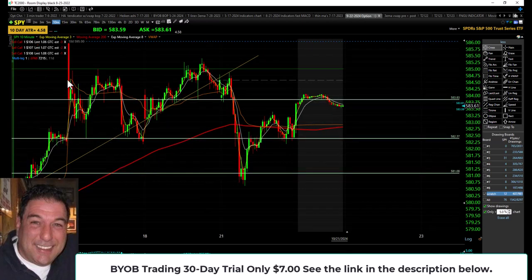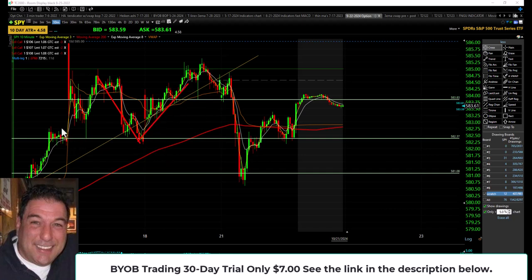I'm looking for the way price reacts at this location. Now, I can't just do it one time. I have to see a pattern over and over. This is happening at the same location each and every time, okay? You don't want just one instance. It's just like one red candle doesn't make a pattern, okay? So one valley, and I call them valleys, one valley doesn't make a pattern.